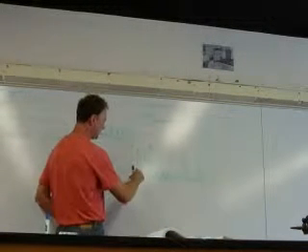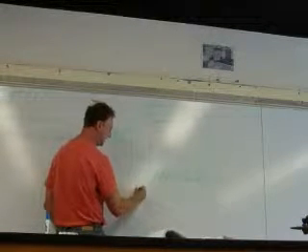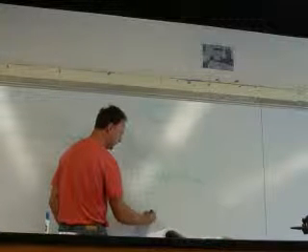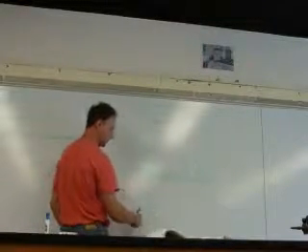So I'll call this P sub i. For example, P sub 14 equals 1 over 14, P sub 15 equals 1 over 14, and P sub 16 equals 3 over 14. Those are the discrete probabilities.